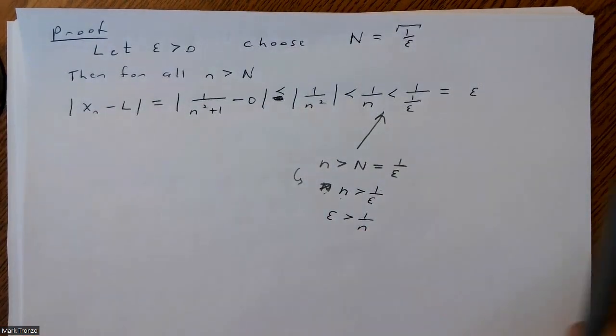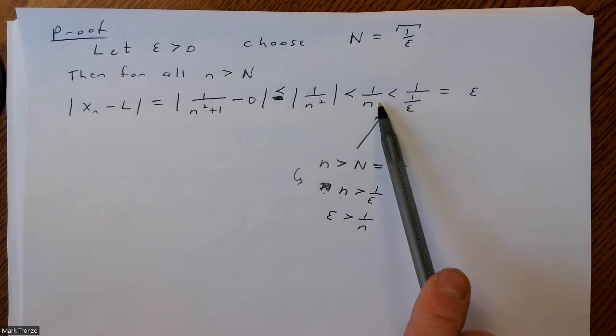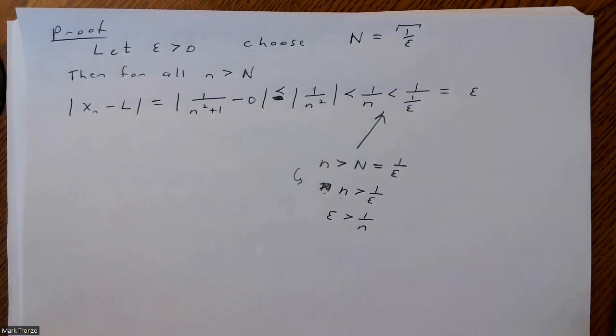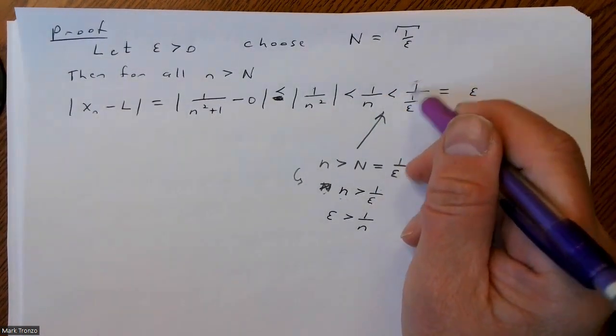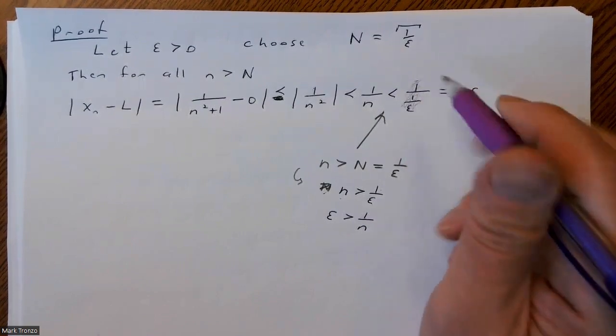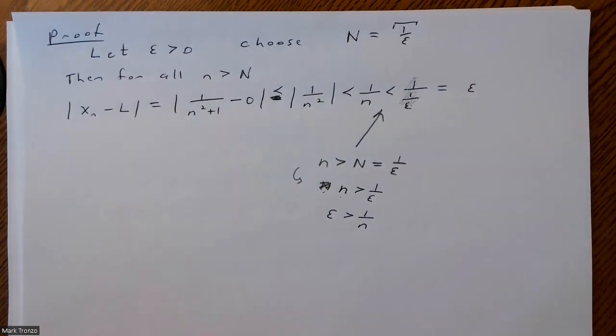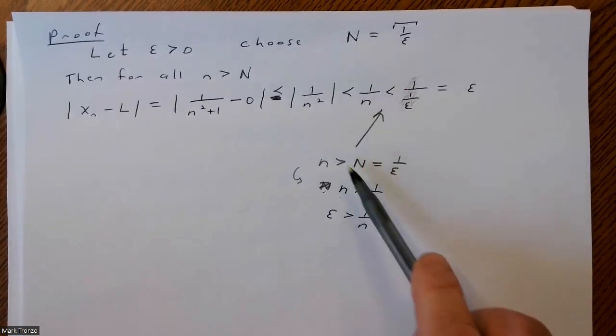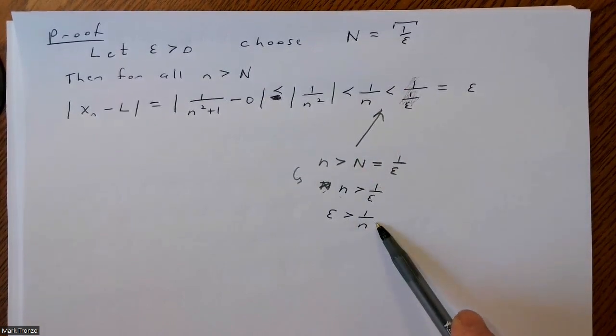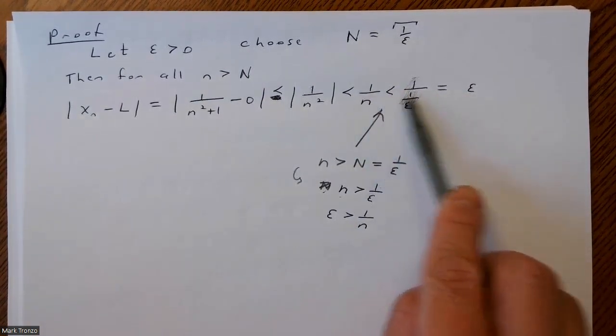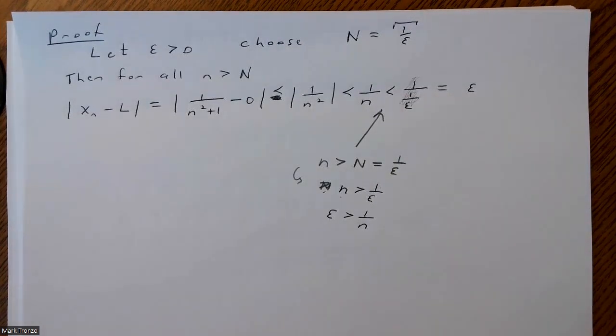In this case, you wouldn't even need this here if you just cross multiplied. You could say, okay, 1 over n is less than epsilon. So you could actually just put that in there. That'd be another way to think. Does that make sense? Any questions on that at all?